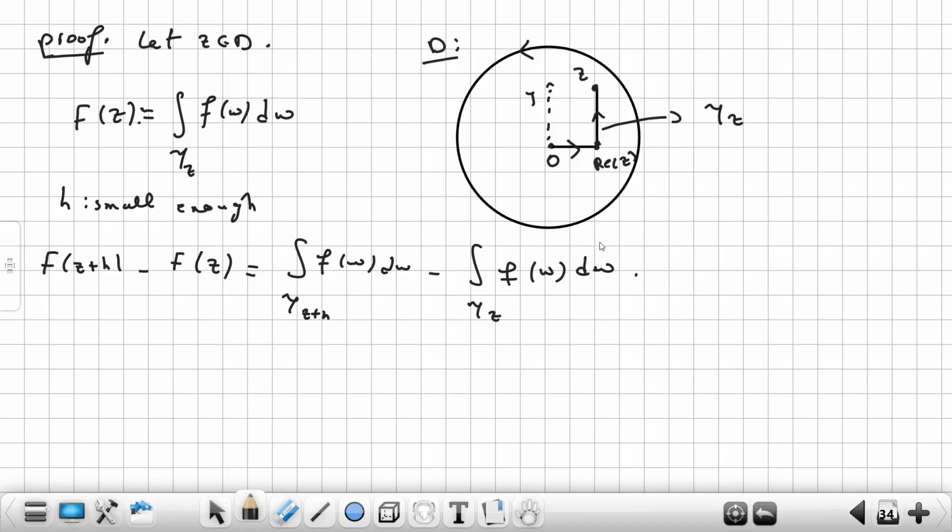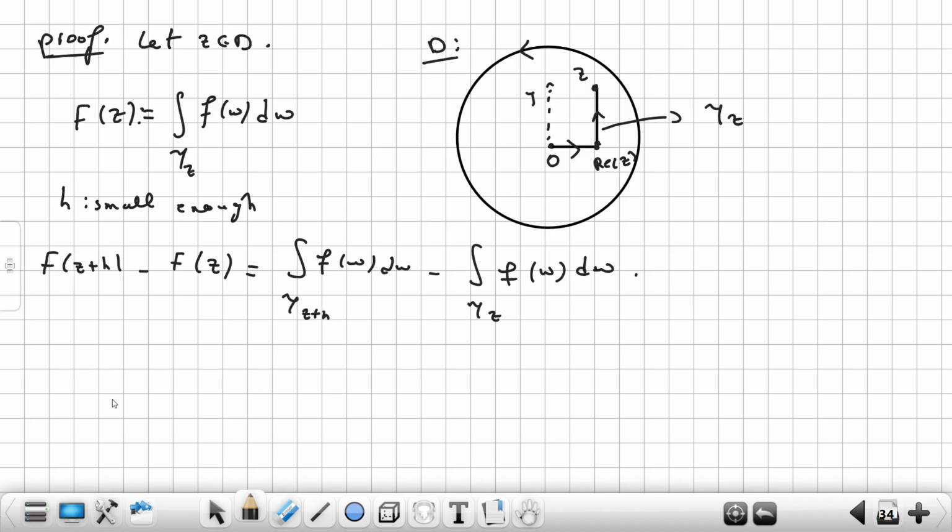Now let's see the final integral over which path. This integral here is over gamma z plus h, and this integral here is over gamma z. Let's write this difference as an integral over some curve.